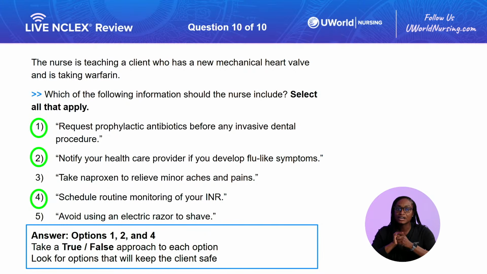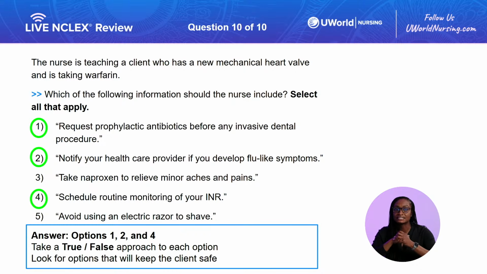Option 2, notify your healthcare providers if you develop flu-like symptoms. Again, a correct teaching point because those flu-like symptoms could be indicative of infectious endocarditis, which is a heart infection. And with that new heart valve, that can streamline into going into more complications. So flu-like symptoms, we need to get into the doctor's office and get on antibiotics, preferably IV antibiotics, so it works quicker as soon as possible.